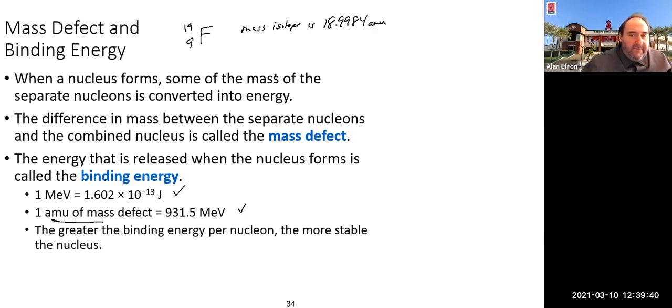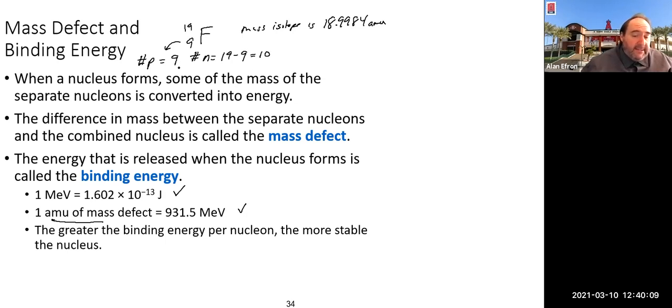We can figure out the energy when we form fluorine 19 by first figuring out the number of protons, which would be 9 in this case. The number of neutrons, the other part of the nucleus, would be 19 minus 9: mass number minus atomic number gives us 10.